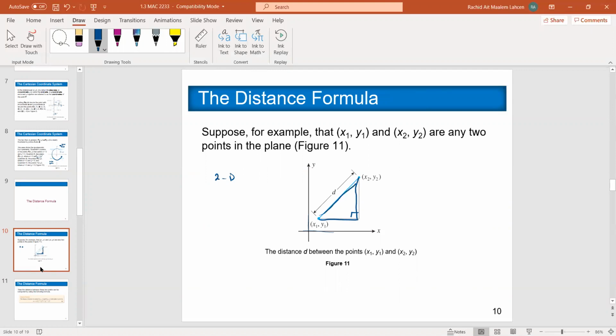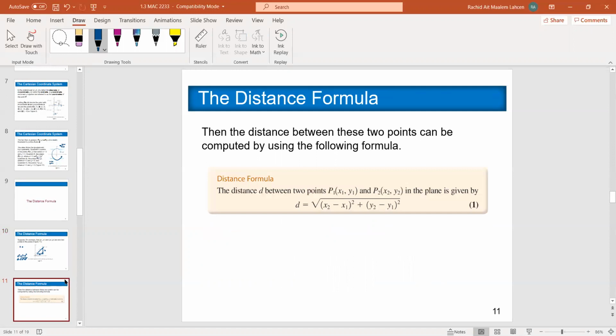Usually you do the hypotenuse squared, right? But if you're interested only in D, let's call this A and this B. So usually you would do D squared equals A squared plus B squared, right? Then of course, if you're interested in D, you take the square root of that.